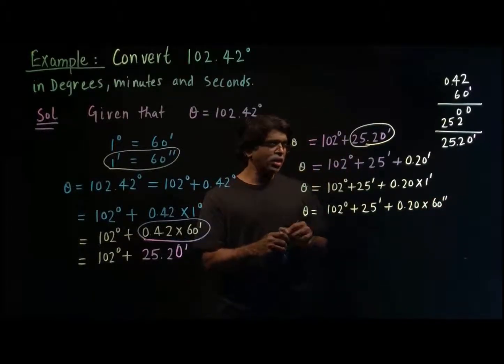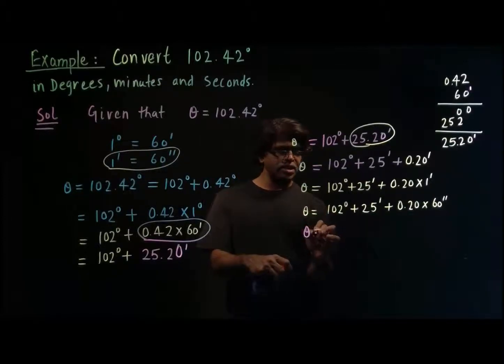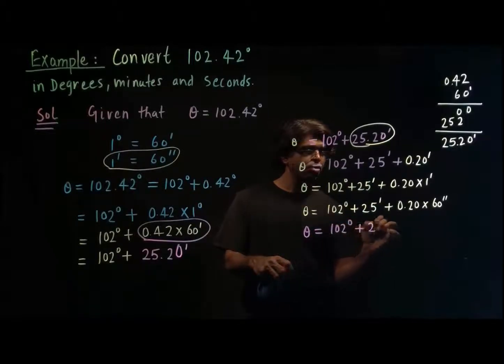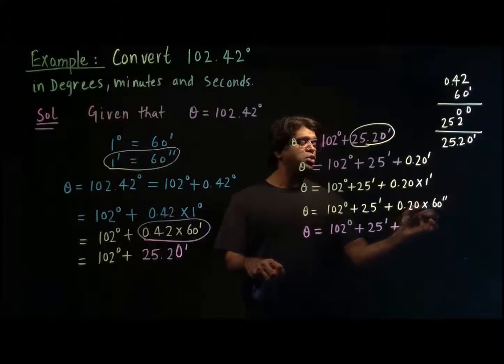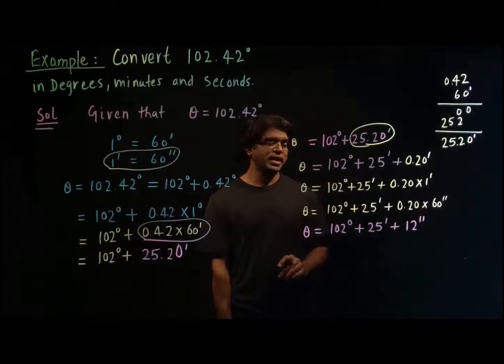Now, let's simplify further, and if we do that, we will get theta is equal to 102 degrees plus 25 minutes plus 0.20 times 60 is 12, and my unit is seconds. So I got 12 seconds.